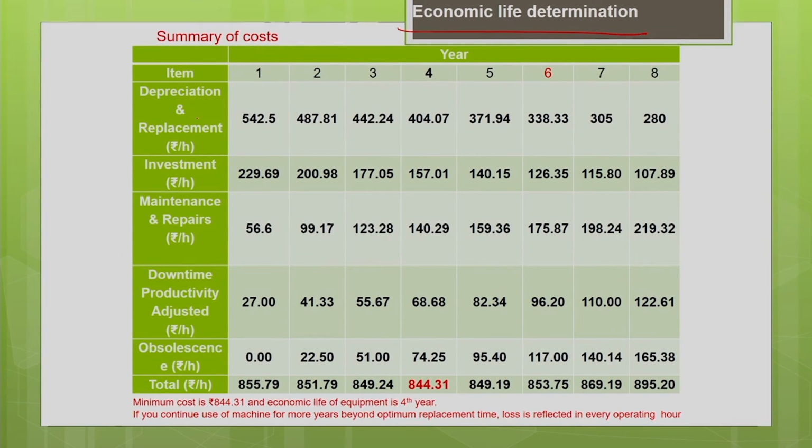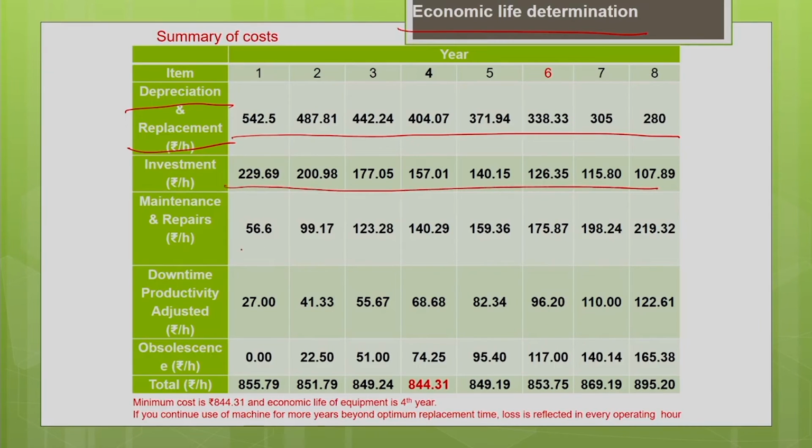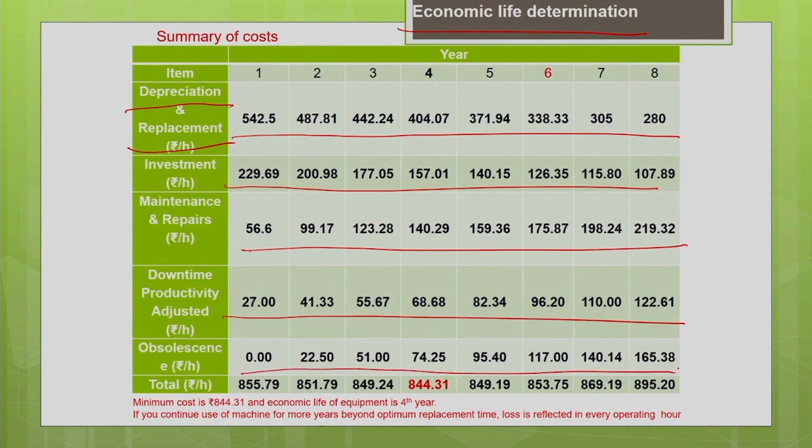So, the first is depreciation and the replacement cost. I have just summarized the values we have estimated for the 8 years. Similarly, the investment cost, the maintenance and repair cost for all the 8 years, the downtime cost for all the 8 years, then the obsolescence cost for all the 8 years. One thing you note here is that your depreciation cost is decreasing with the age of the machine.